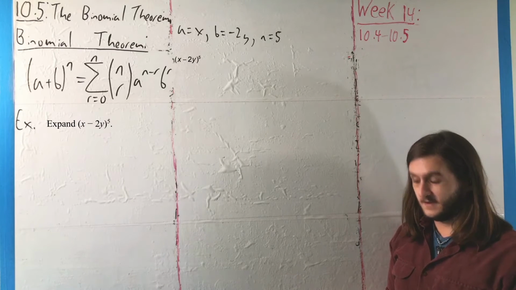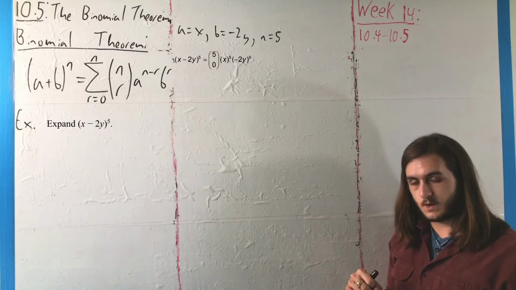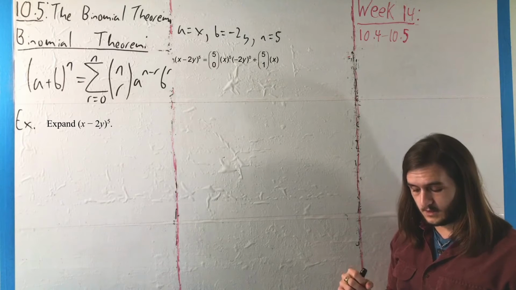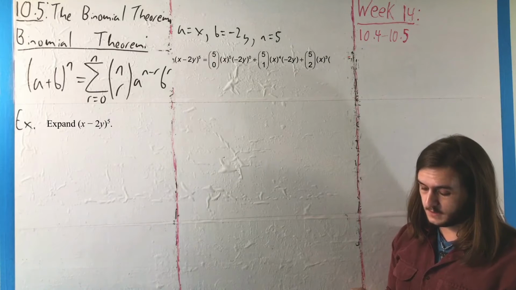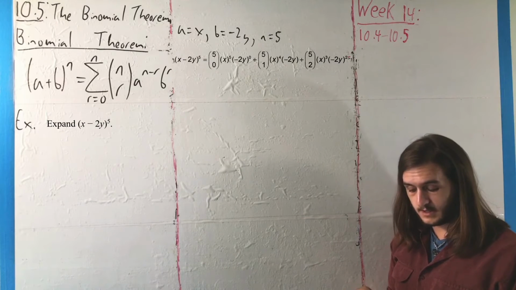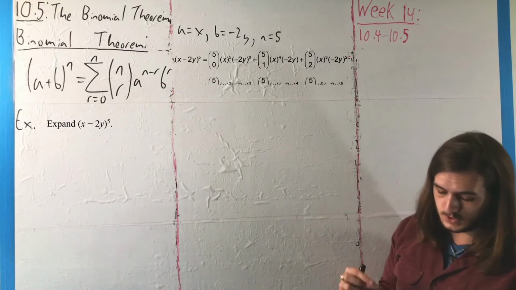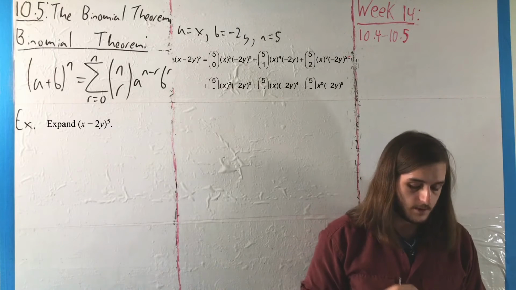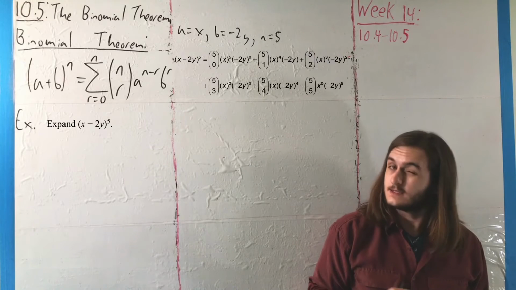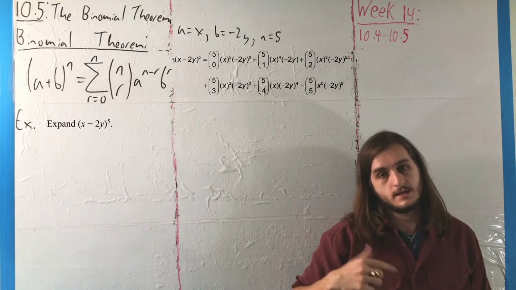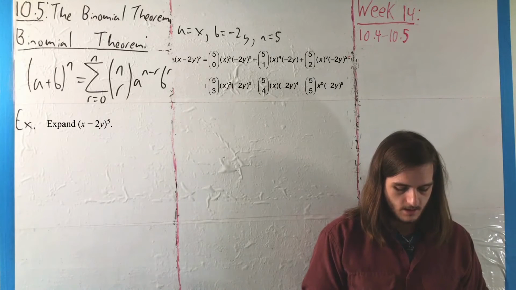We're going to get 5 choose 0 times x to the fifth times (negative 2y) to the 0, plus 5 choose 1 x to the fourth times negative 2y, plus 5 choose 2 x cubed times (negative 2y) squared, plus 5 choose 3 x squared times (negative 2y) cubed, plus 5 choose 4 x times (negative 2y) to the fourth, plus 5 choose 5 x to the 0 times (negative 2y) to the fifth, where again we can think of those binomial coefficients as telling us how many ways we can choose those negative 2y terms, those b terms.